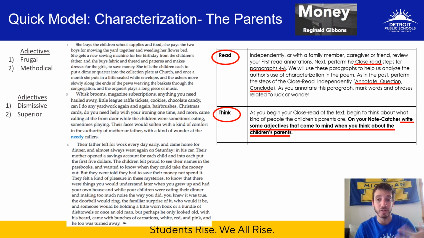The kids are actually looking forward to this level of stability of knowing that someone's going to come to the door and they're just going to turn them away. It doesn't even matter what it could be. It could be the most beautiful thing, like the flowers, the carnations, white, red, and pink, but that person's going to be turned away because to them, it doesn't matter what the item is. They just don't feel like it's their responsibility to give money to these people.